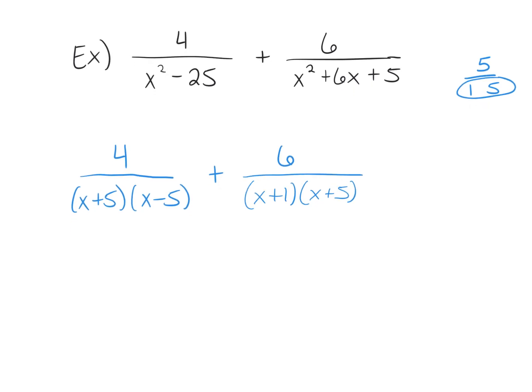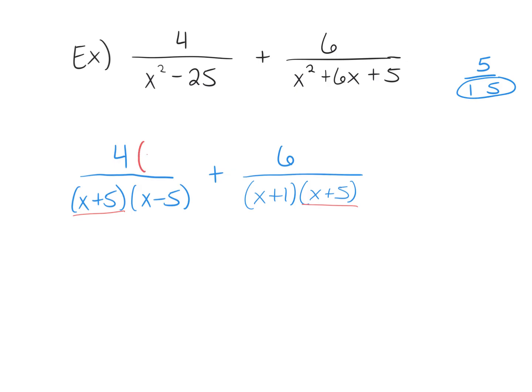Now, we want to look for common denominators. What do they have in common? 5. Be more specific. X plus 5. X plus 5. Okay. So, are they the exact same right now? No, we want to make them the same. What is this one missing that this one has? Yes. This fraction right here is missing x plus 1. So what do I do with that if it's missing x plus 1?